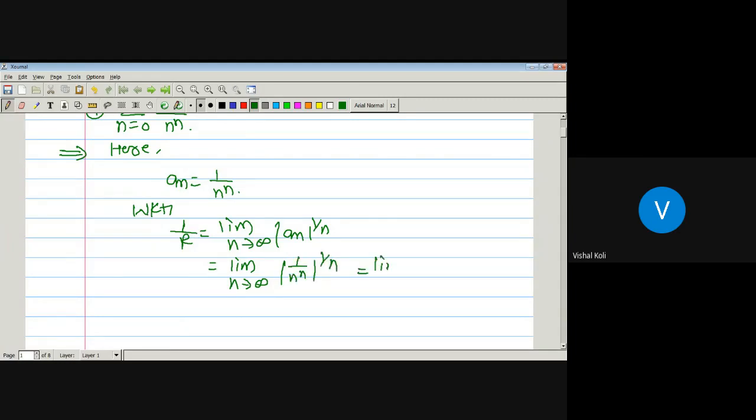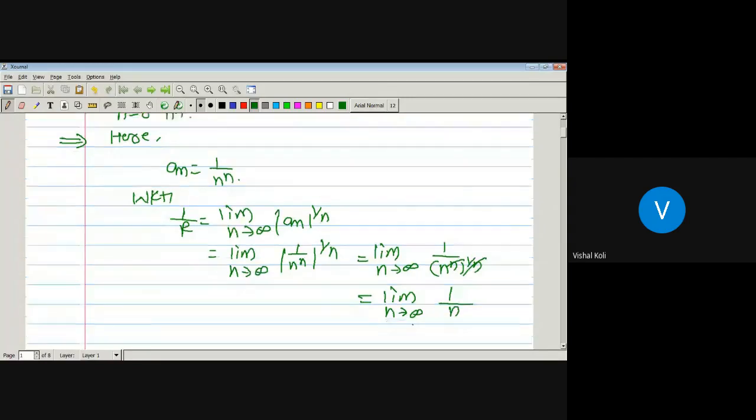That is limit n tending to infinity of 1 upon n to the power n raised to 1 by n. What is n to the power n raised to 1 by n? The n cancels, which is nothing but 1 by n.